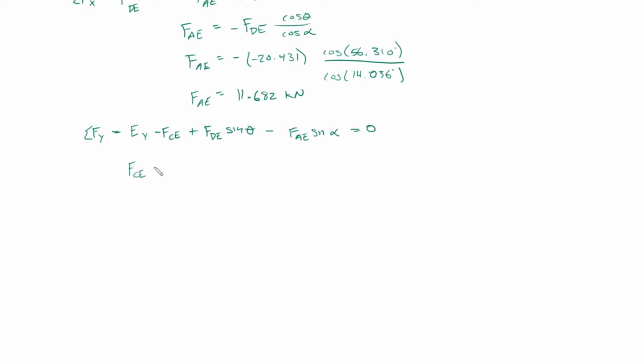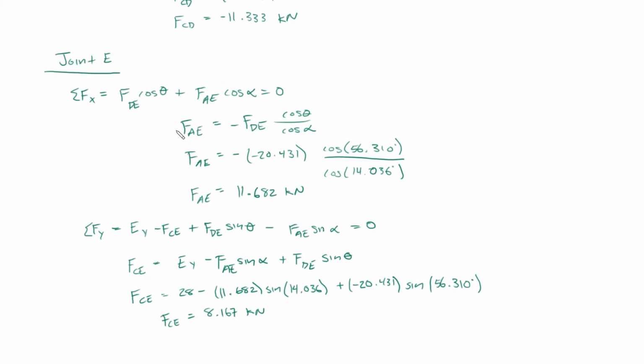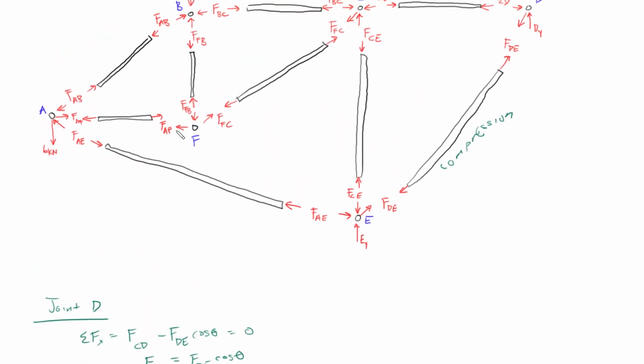FCE is equal to EY minus FAE sine alpha plus FDE sine theta. And if we plug in some values, what I get for FCE is 8.167 kilonewtons. So FAE and FCE are positive, so that means we drew the reaction forces in the correct direction.